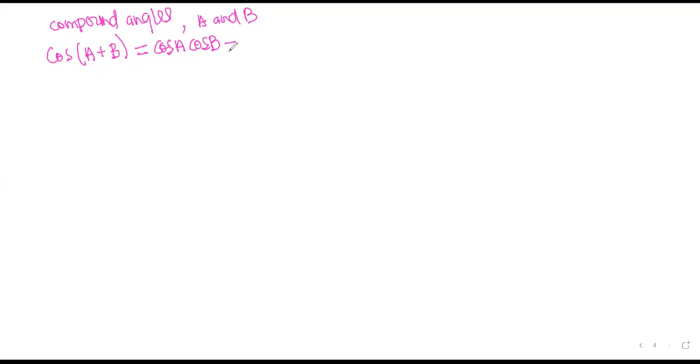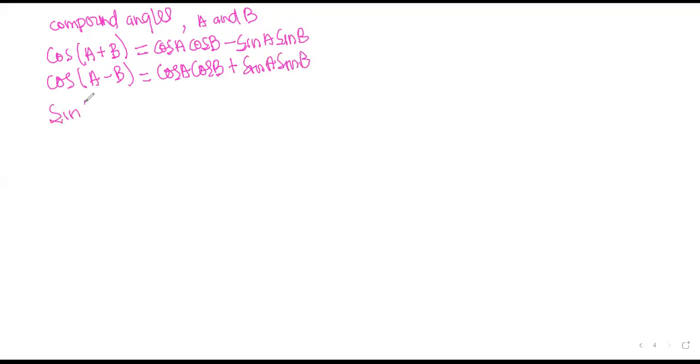Once there's a minus, when you expand, it will be plus. So if it is minus, the expansion will be cos A cos B plus sine A sine B. We have the same thing for sine. We have it for tangent as well.